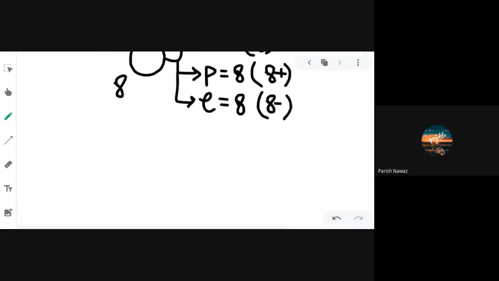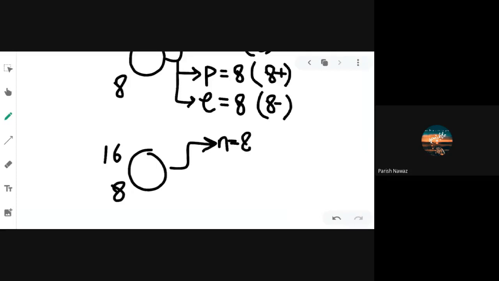But if we have another atom of oxygen like this, O8 16 again, but it carries two negative charge. What does that mean? It means that it has neutrons equal to 8, because when ions form, the number of protons will not change, because ions are formed as an exchange of electrons.